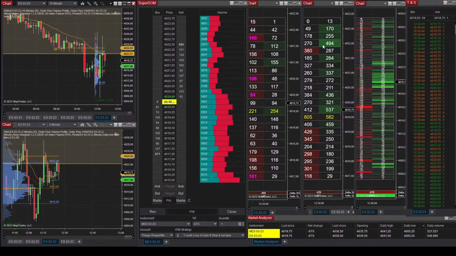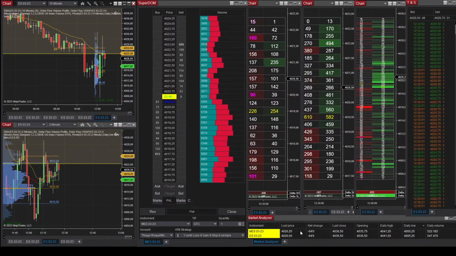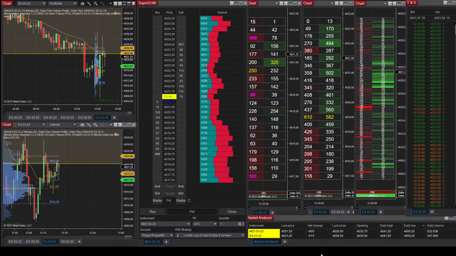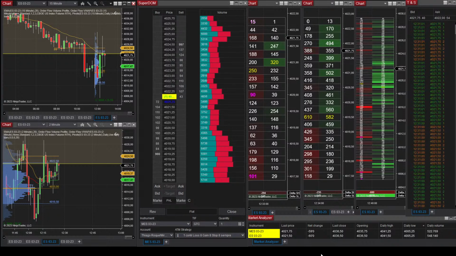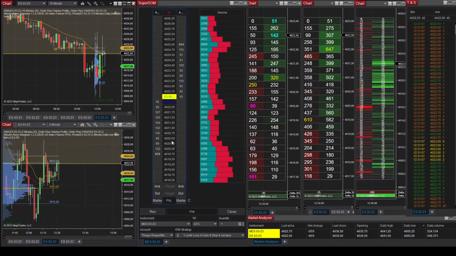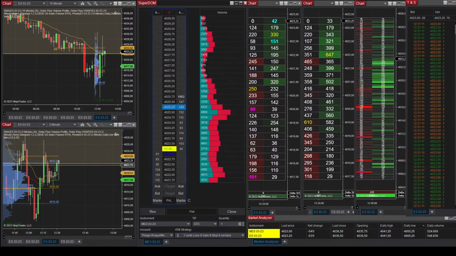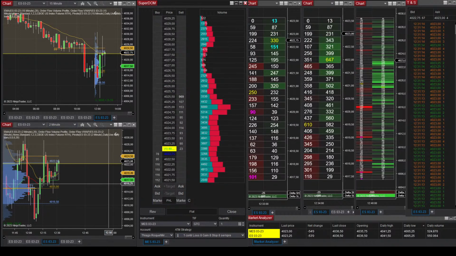This was an exhaustion here, 500, 200, 170, 13, with 0 in the bid side. So let's see what's going to happen. But it would not be a surprise if we see this range increasing until the 26.